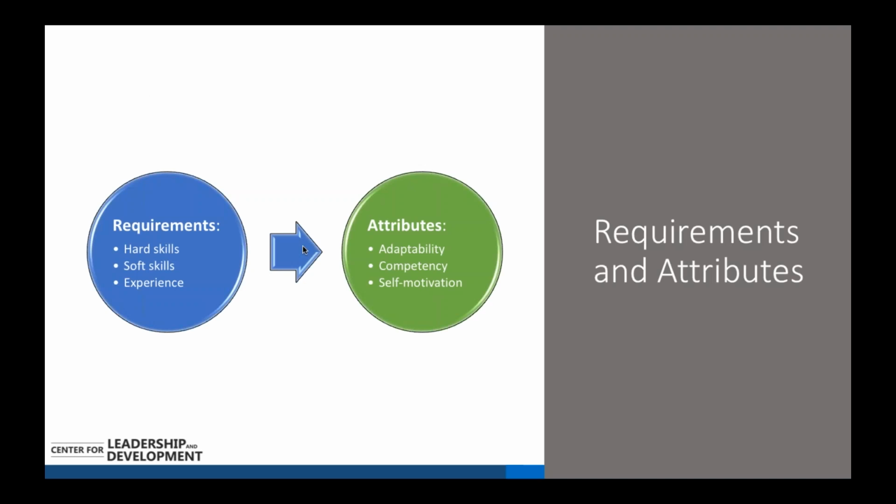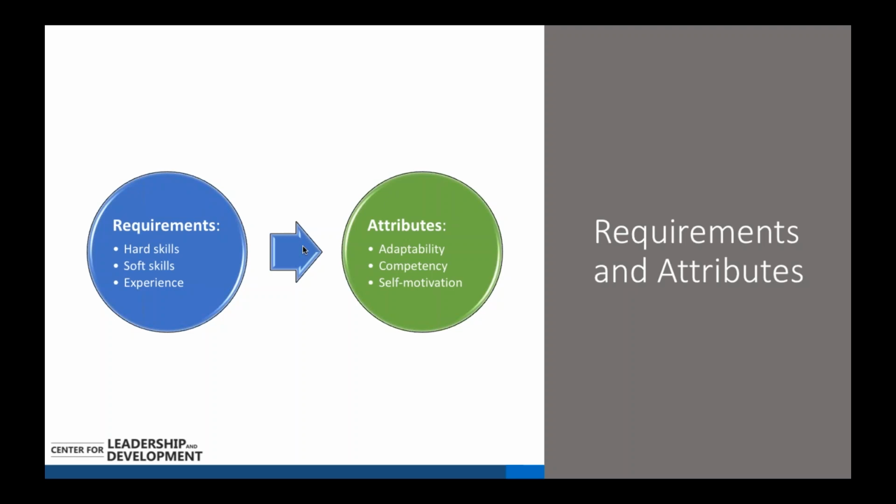So there are certain requirements and attributes you have and that your team have. Requirements are the hard skills and the soft skills and the experience. Those are things that you can almost touch, if you will. But then you've got the attributes that you're trying to find in people as well and develop in people. And attributes are things like adaptability. How adaptable are people to change? How competent are they?